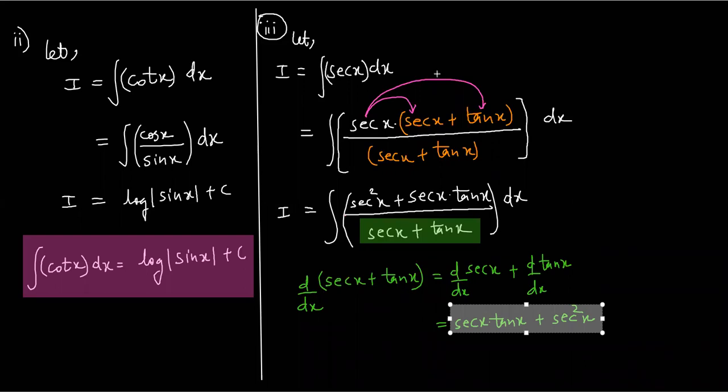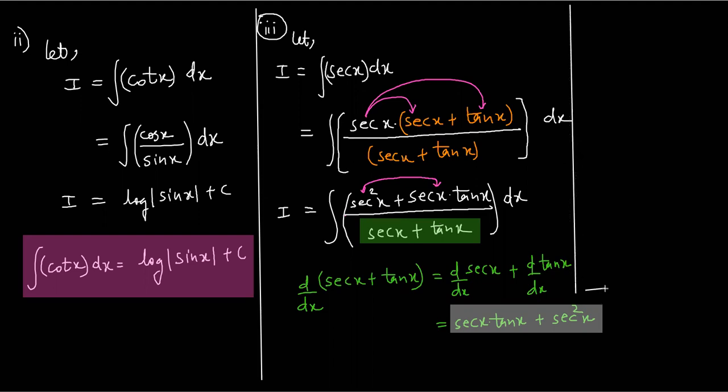So is it not the numerator here? I notice that d by dx of sec x plus tan x is sec x tan x plus sec square x, and here I have the same in the numerator. So I can say that the derivative of the denominator is present in the numerator.